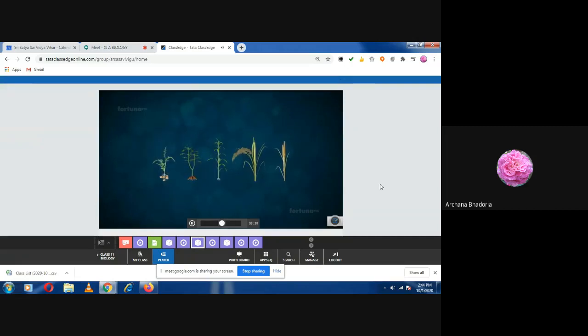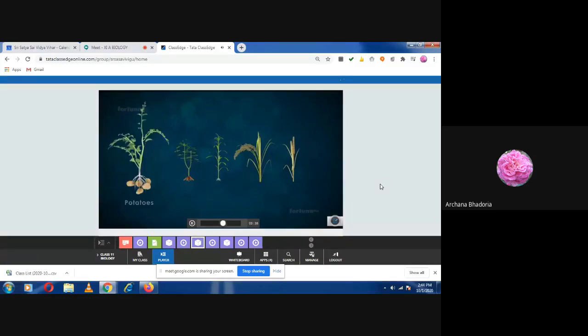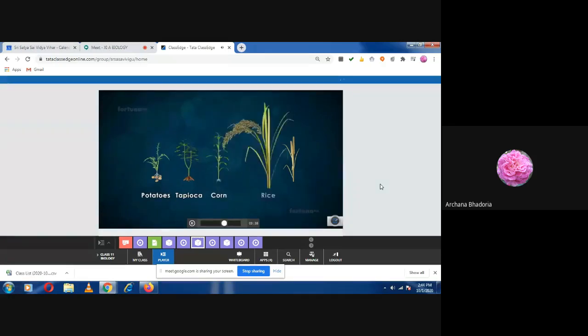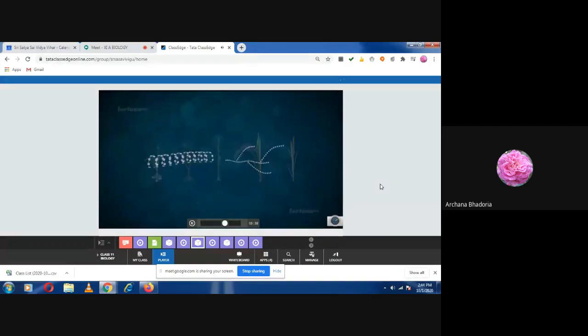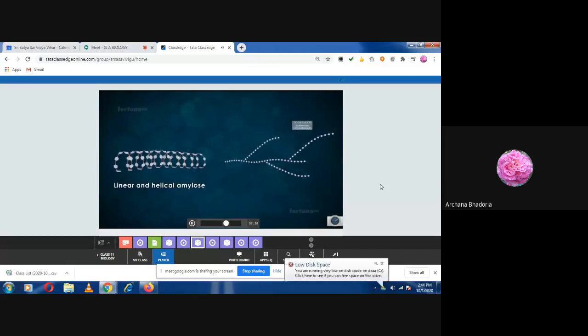Starch is a carbohydrate reserve in plants, found as granules in tubers such as potatoes and tapioca, and seeds such as corn, rice, and wheat. It consists of two types of molecules: a linear and helical amylose and a branched amylopectin.